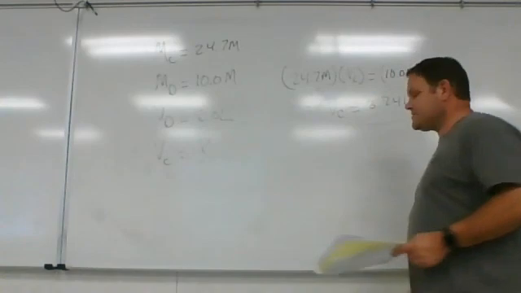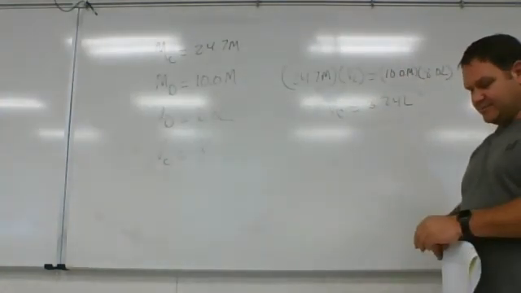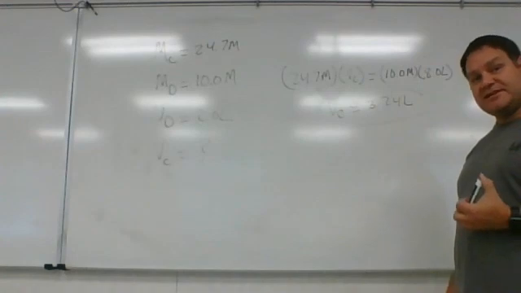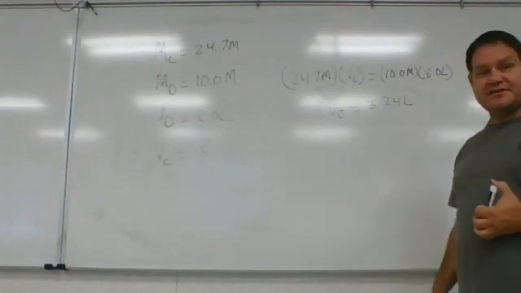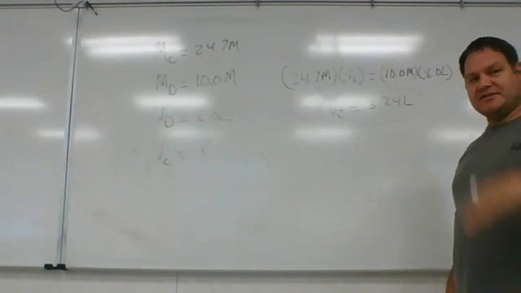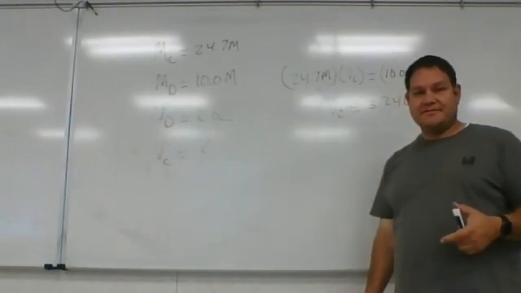Okay, so that's the volume of the concentrate that I need to pipette out and put into another container, possibly an 8-liter container, which is huge, and then dilute it down to the mark. Okay, and that's all there is to it, right?